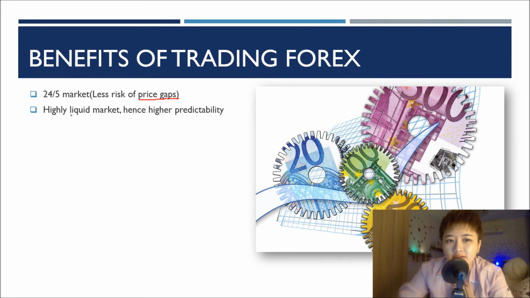And it is a highly liquid market, as I said, 5.1 trillion, more than any other markets combined. If you combine the stock market, futures market, and options market, the trading volume combined is still less than the forex market. So the good thing is that this makes the forex market highly liquid, and the higher the liquidity, the higher the predictability.